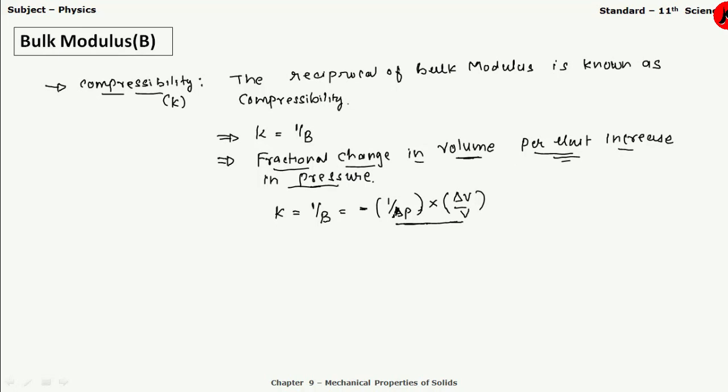That's why here we have used the delta P. So K equal to 1 by B equal to minus 1 by delta P into delta V by V.